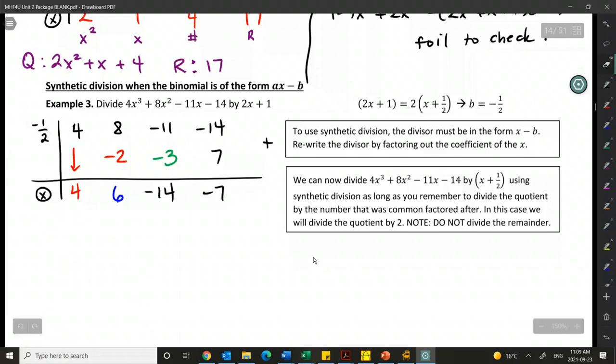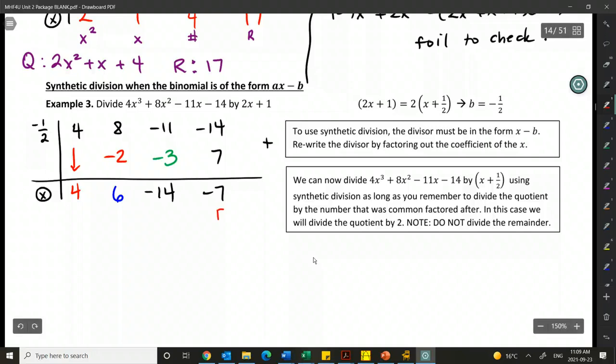Okay, there's a little trick with these ones. Because I took out that 2 at the beginning, in order to get this x plus a half and then get my negative half, what you have to do is divide by this at the end. Whatever the denominator is here, that's what you're going to have to divide every term except the remainder by.